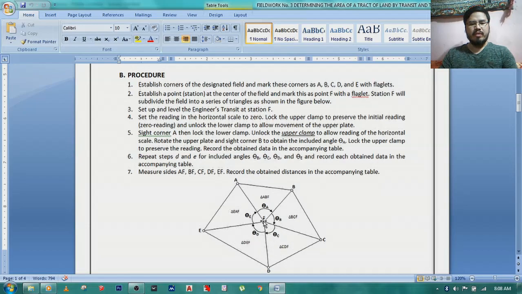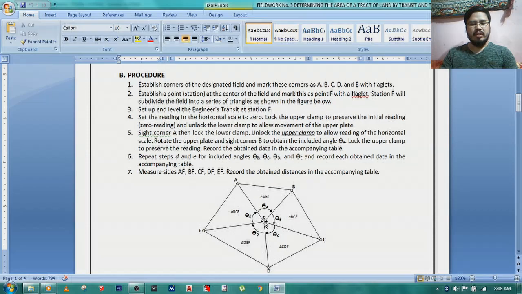Okay, so after setting up and leveling our transit, we are going to sight A. After sighting A, we are going to swing our transit and sight B to determine our angle theta A, and that is for the triangle ABF. Now, as you have noticed class, F here is an imaginary station.